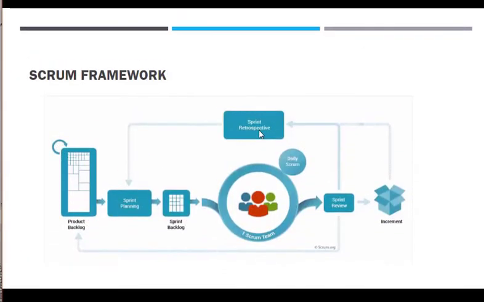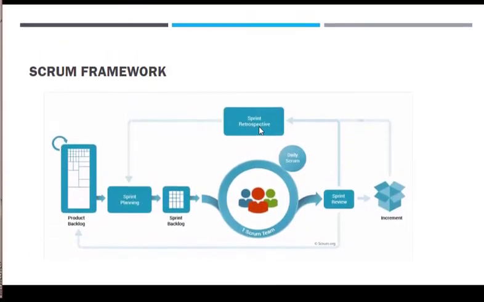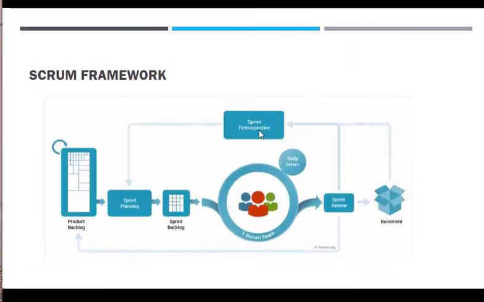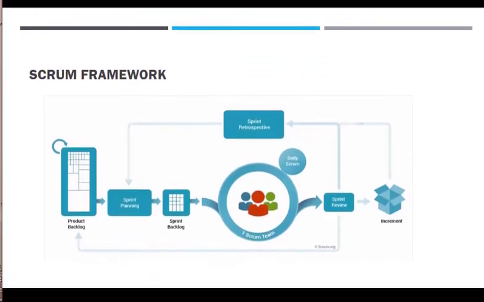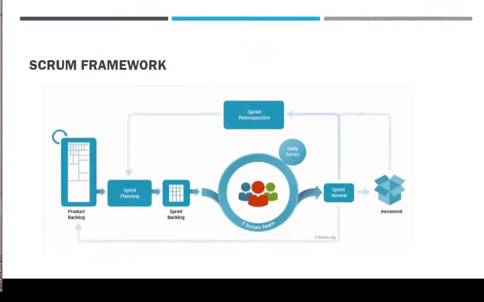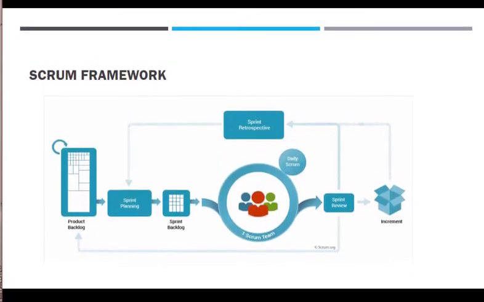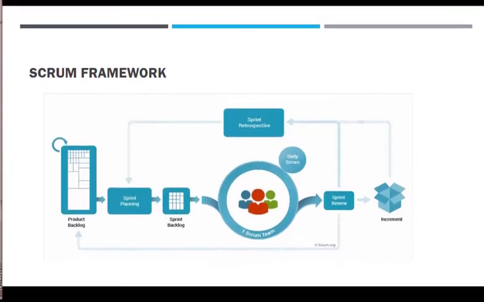So this is the Scrum framework. This is taken from scrum.org. If you see here on the left side, the product backlog. The product backlog is the complete product, and second is sprint planning. We take a chunk in the sprint planning, and then the sprint backlog is assigned to a Scrum team.